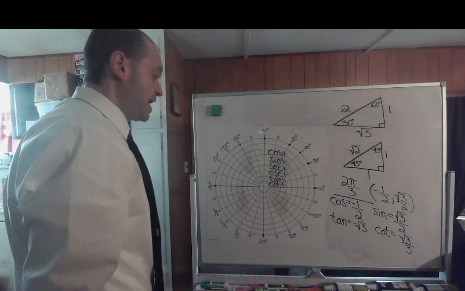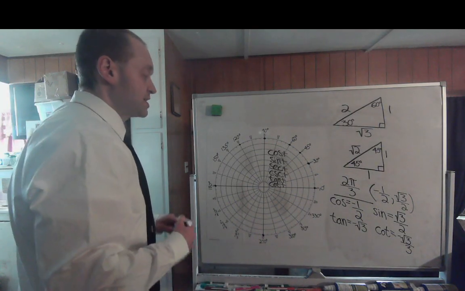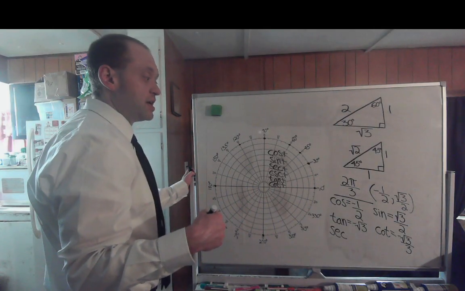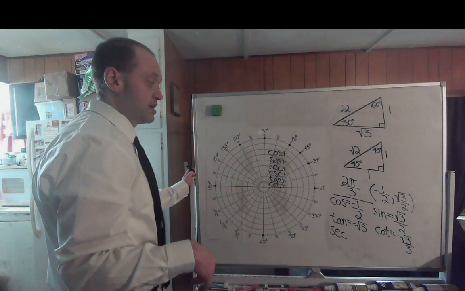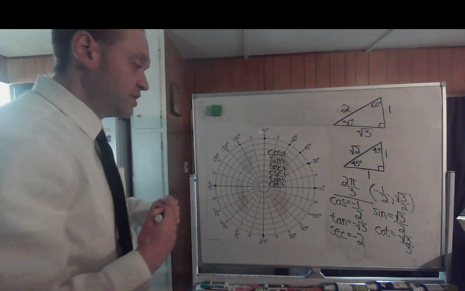Now, we also have, of course, the secant and cosecant. So to find the secant, that's just the reciprocal of the cosine. So if your cosine's negative, that means your secant's going to be negative. So the reciprocal of negative 1/2 is negative 2. So you get a secant of negative 2.